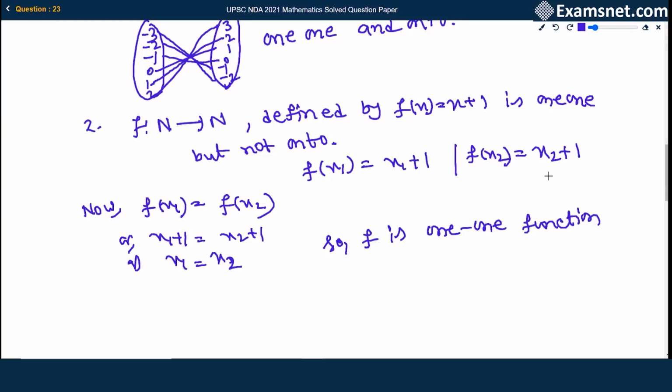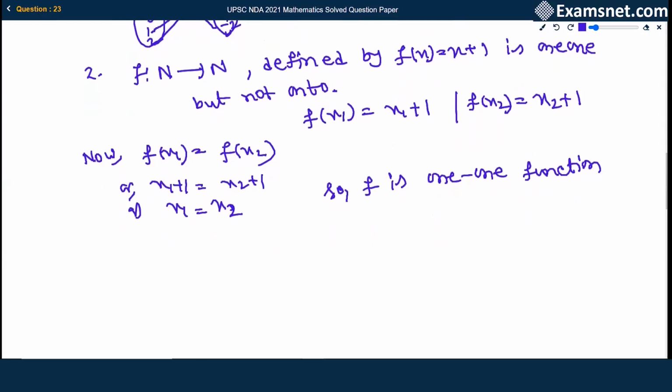Now, clearly, since f(x) is defined as x plus 1, f(x) is always greater than or equal to 2 for all x belonging to the natural number set. How? Okay, let me show you.